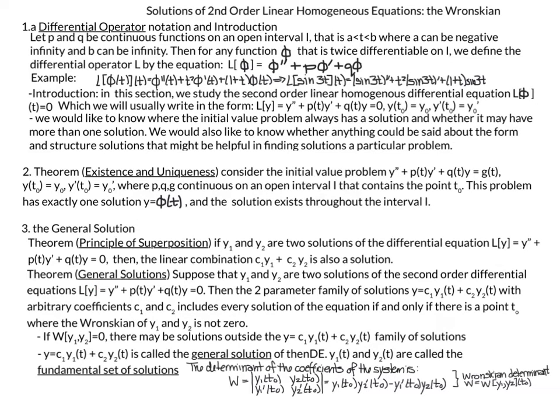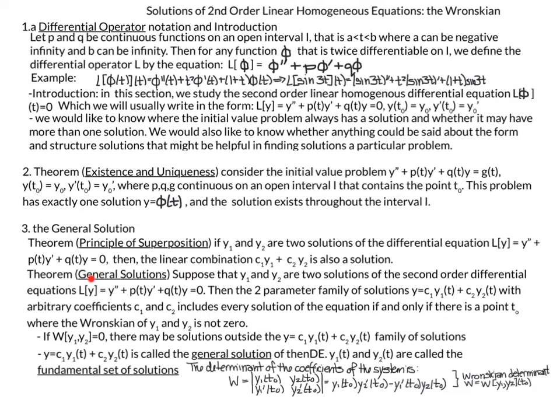But as we saw even with first-order differential equations, if the equation is not linear, if it's nonlinear, then it's possible that there are solutions that do not have this form. However, if it's linear, then this form will cover all solutions.